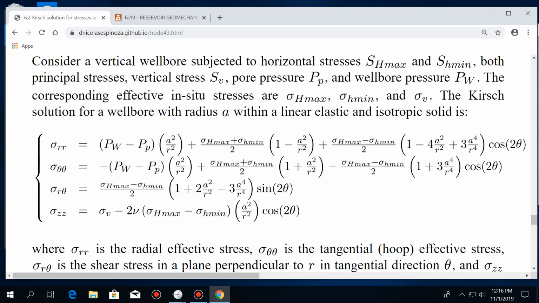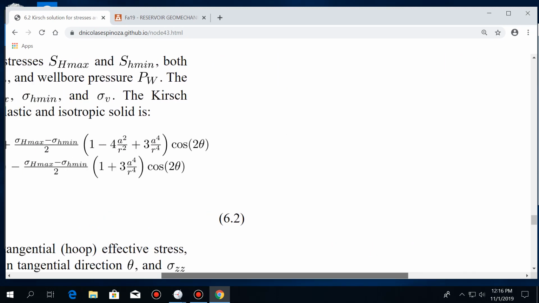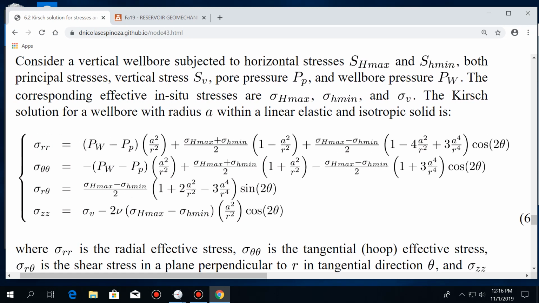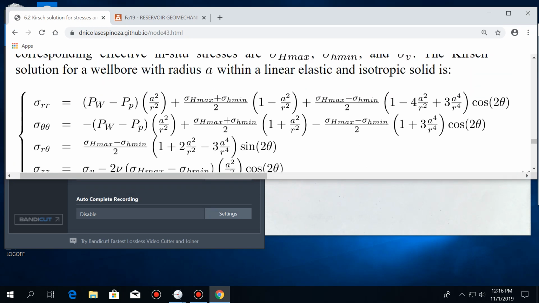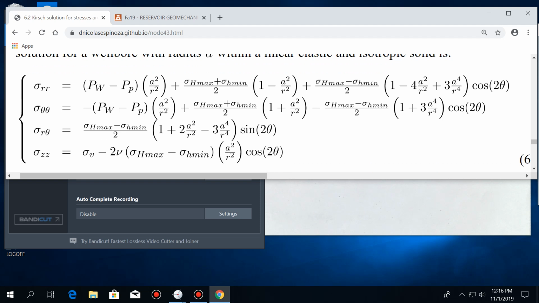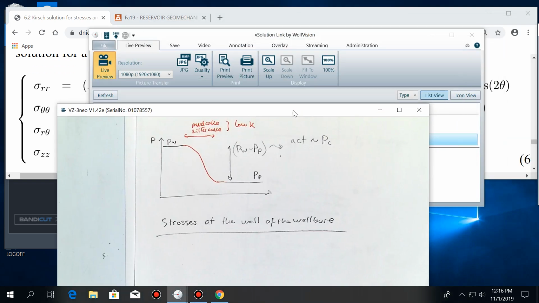So let me write this in my notes. And I'll try to see if I can split this screen in two. All right, so that's the full Kirsch equation. And let's see if I can get this in here.